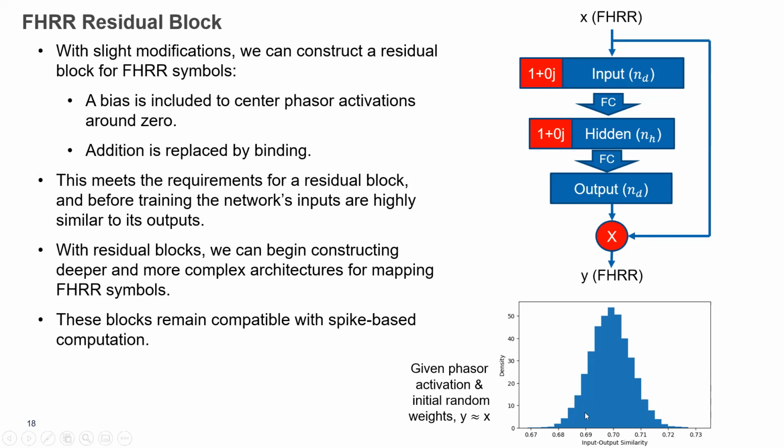And so here we have this histogram that shows just for random phasor activation values and initial random weights, you get this input and output similarity distribution that's pretty high. And again, we aren't doing anything here that would really impede a spike-based computation, since we've demonstrated you can calculate this activation function with spikes, and other people have demonstrated that you can do the binding function with spikes as well.